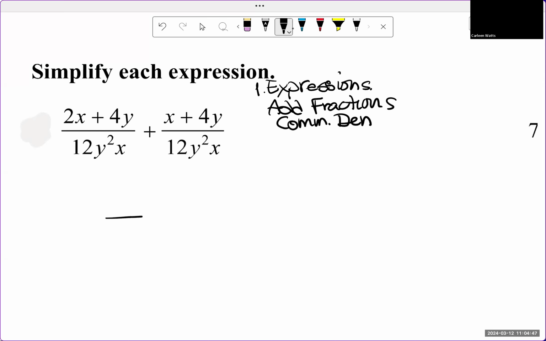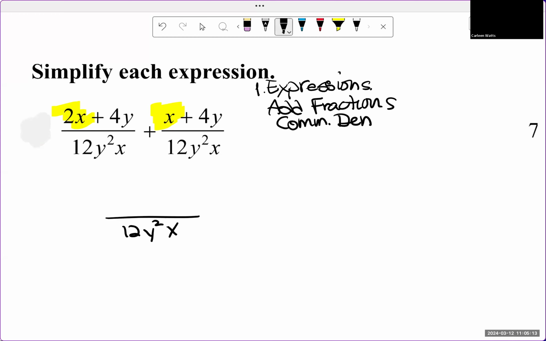Okay, I like these. So 12y squared x, little pet peeve because why are those variables not in alphabetical order? But okay. Now on the top, notice no subtraction. If there's subtraction, we have to be more careful, but there's no subtraction. So I'm just going to combine like terms.